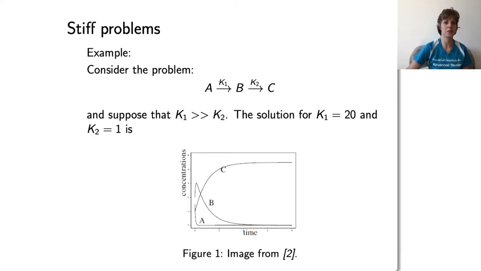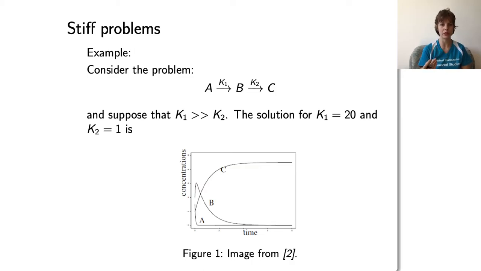So if we plot the solution for K1 equal 20 and K2 equal 1, as we saw before, this is a linear system, so we can have the solution analytically.